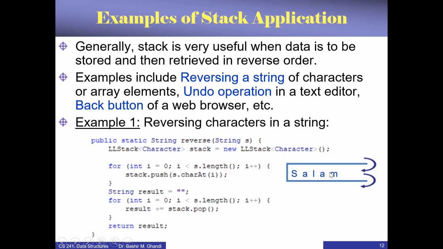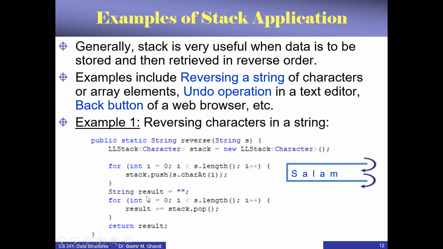Now to get them in reverse, you just need to call pop, because pop will remove the top element first. Then pop the A, and then pop the L, and so on.